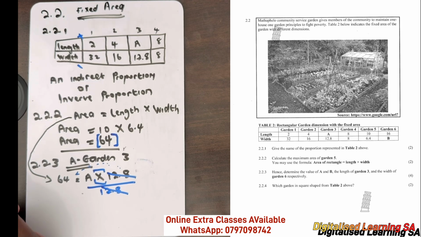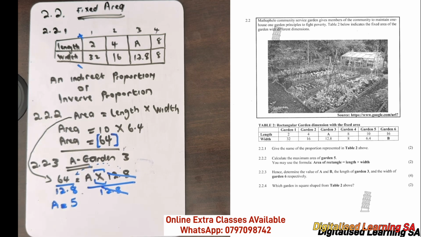Remember that what you do on the right hand side, you also need to do on the left hand side, so we divide by 12.8 on this side too. A will be equal to 64 divided by 12.8, and A will be equal to 5.